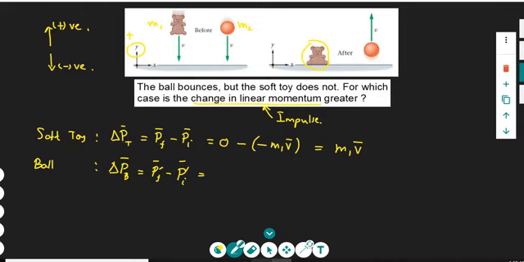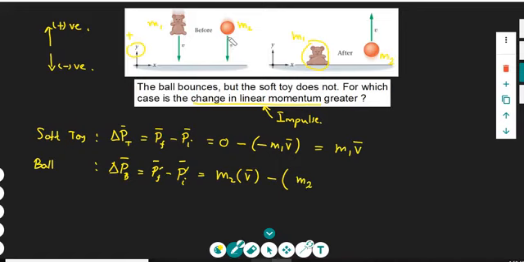So I can write m2, because m2 is how I define the mass of the ball, and m1 is the mass of the soft toy. So m2 times v, a positive value because the velocity is pointing upward, minus, and I'm going to use parentheses again, I have m2.